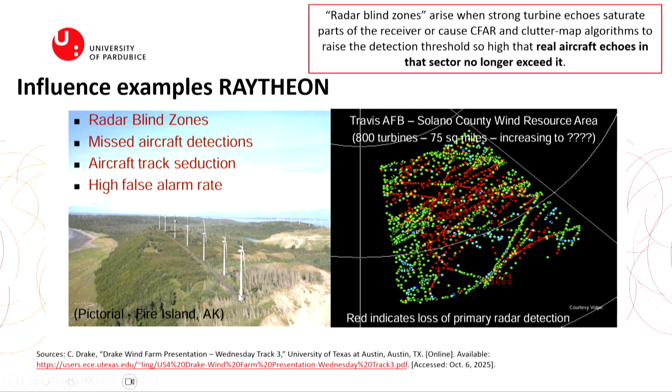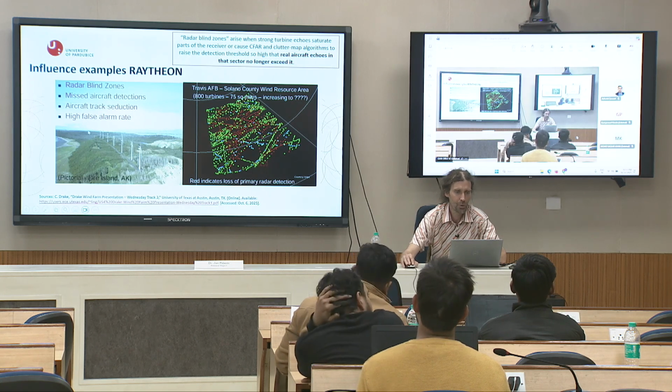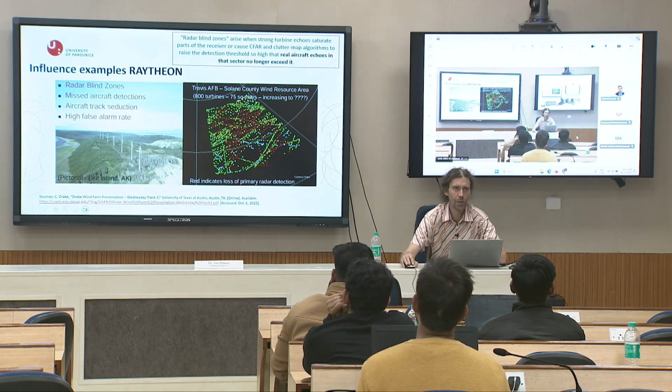And why? Look at the location. Of course, wind turbines are on top of the hill, where they should be, of course, where there is good wind. I understand developers, but from the radar system point of view, it is almost the worst scenario.